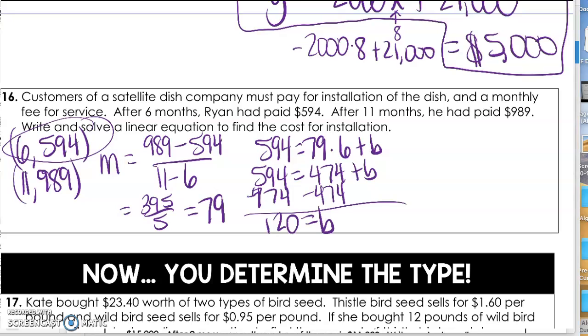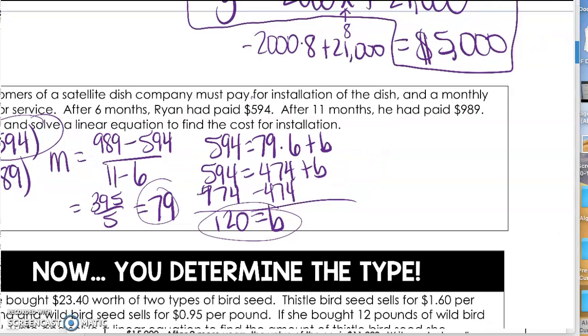So that's your startup fee, your initial fee. So you have installation and you have a monthly service. So you just found those two things. First you found the monthly rate, and then now you found the installation fee. So the equation is y equals 79x plus 120.